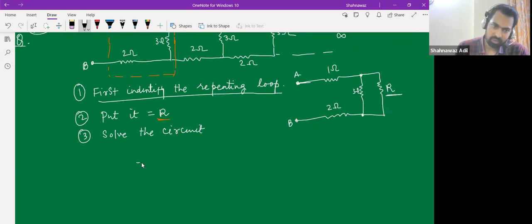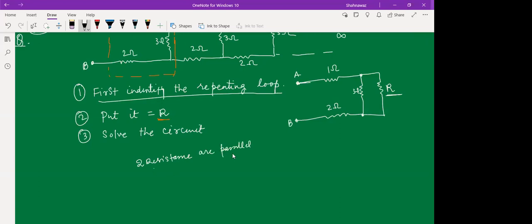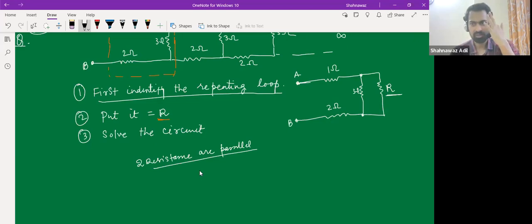If two resistances are parallel, then what is the equivalent resistance? 1 by R is equal to 1 by R1 plus 1 by R2, that is the direct result. But if we have only two resistances, we can write R1 R2 divided by R1 plus R2. In this way, we can solve this quickly.